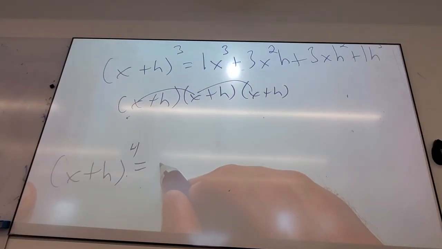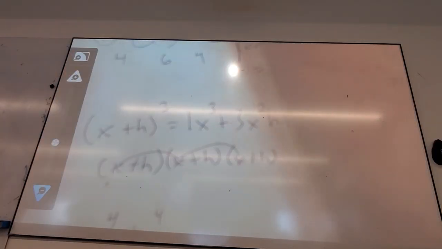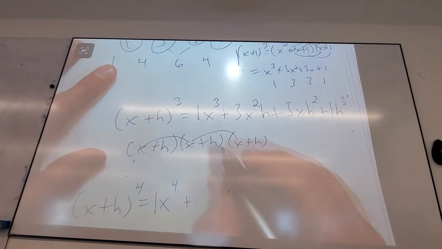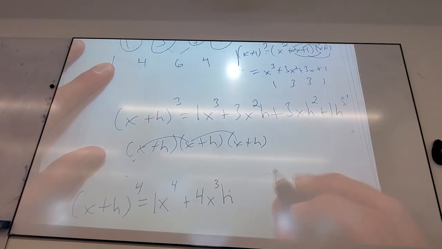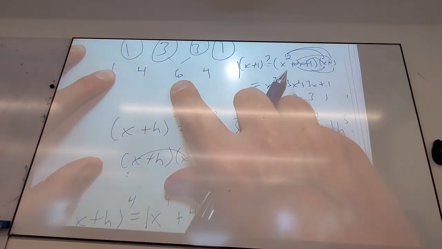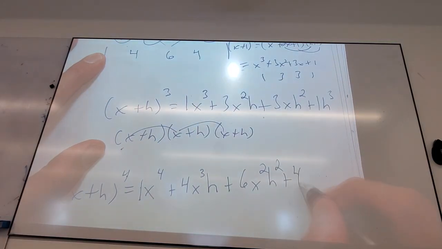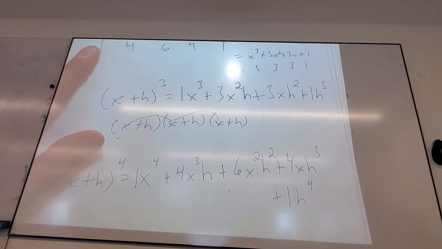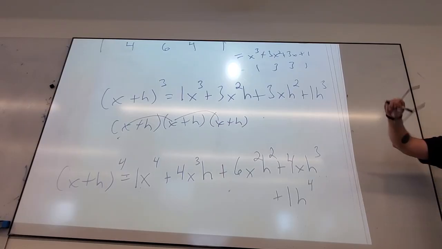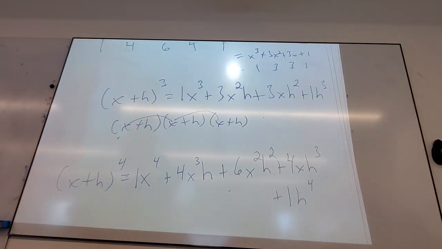So I'm going to have all x's with a 1 coefficient, plus a 4 coefficient, 1 less x, 1 more h, plus a 6 coefficient, 1 less x, 1 more h, plus a 4 coefficient, 1 less x, 1 more h, plus a 1 coefficient, 1 less x, 1 more h. That is what you would get if you wrote x plus h 4 times, and then FOIL, FOIL, FOIL. It's a really useful tool. It's much nicer than foiling, that's for sure.